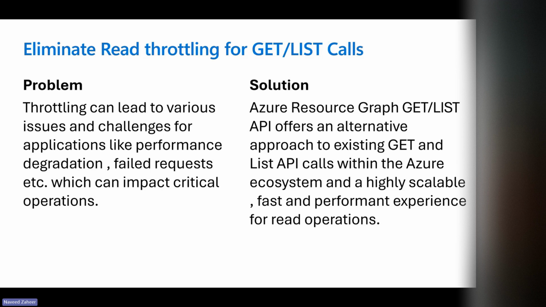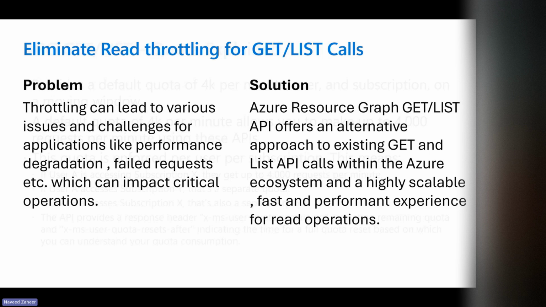It allows you to do the get and list operations at a high scale. So basically, if you're doing get and list operations, you can do that through this new API. And by the way, this is not a new API. You will see you are just adding another query string to the API, and that's all there is to it. So we'll take a look at it.